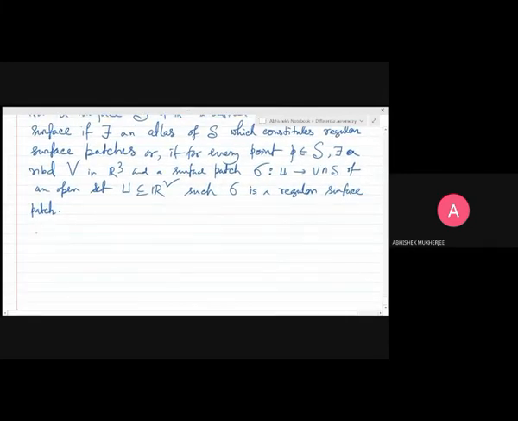The neighborhood V intersection S is called a coordinate neighborhood at p in S. Okay.